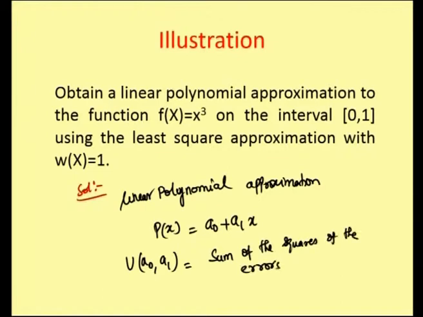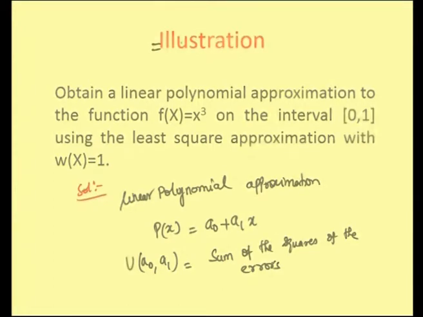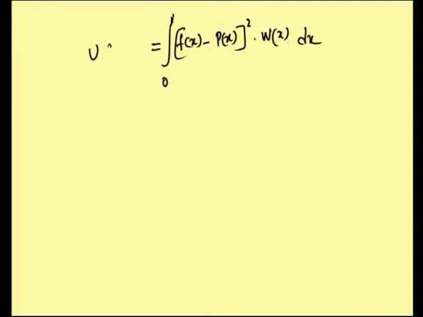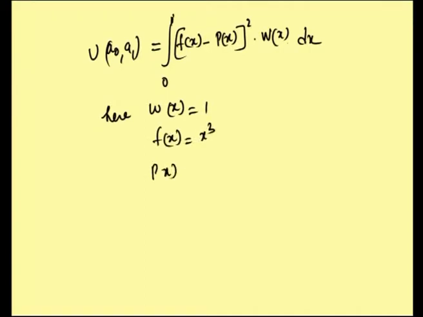According to the formula, it is equal to the given function f of x minus the polynomial function, the whole square into w of x, over the integral 0 to 1 dx. It is U of a0, a1. Here w of x is given to be equal to 1 and f of x is given to be equal to x cube, and p of x we have taken as a0 plus a1 x.